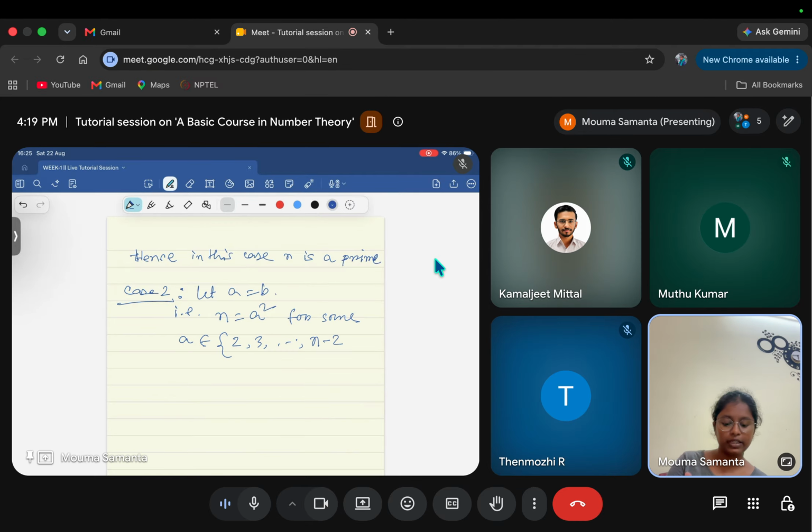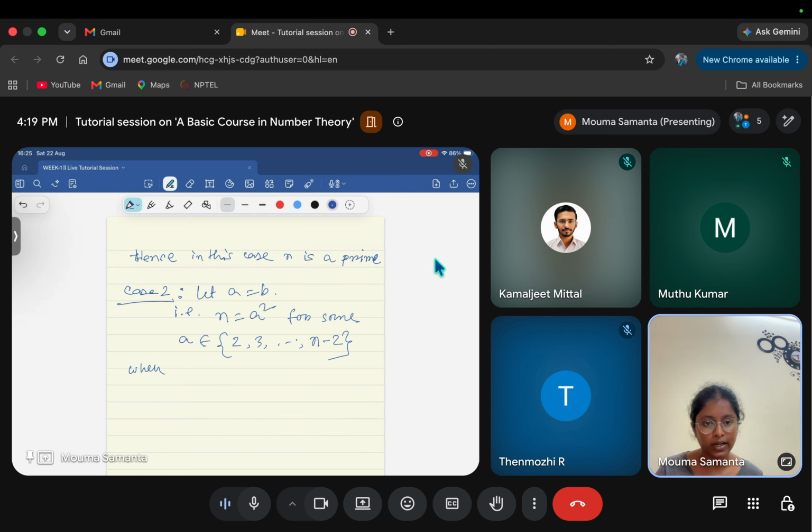In the very first step we have seen that a cannot be n minus 1. So a will lie inside the set consisting of 2, 3 up to n minus 2. Now take the lowest case, when a is 2.